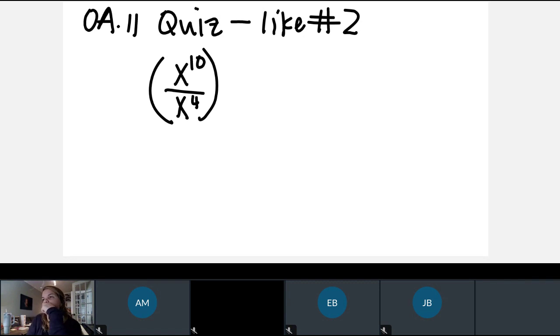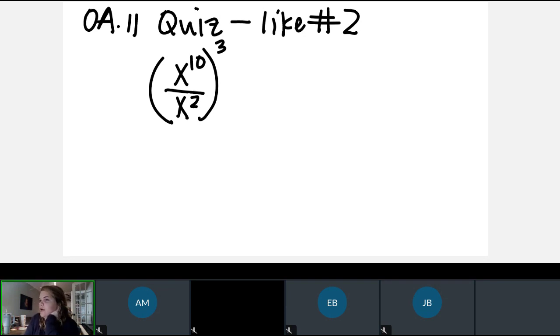Hold on one second. I'm going to go back and change this to x squared. Okay, and then we're going to raise this to the 3rd. So this is a power to a power problem.